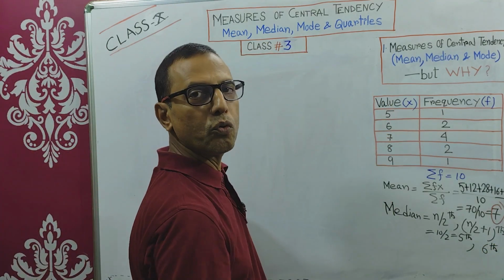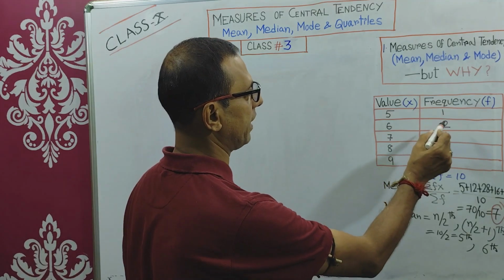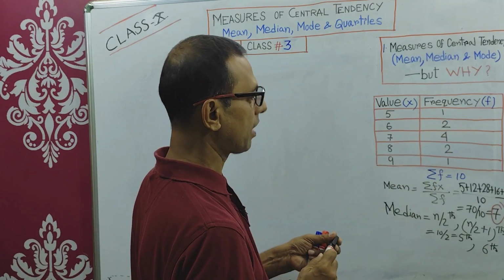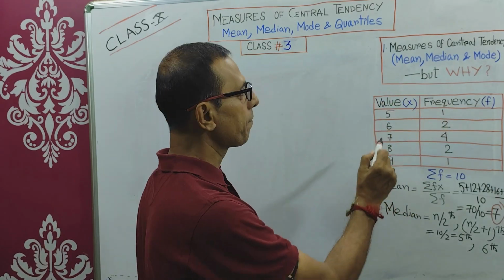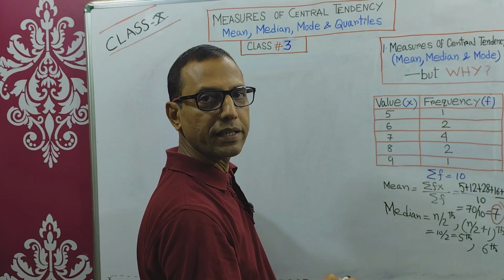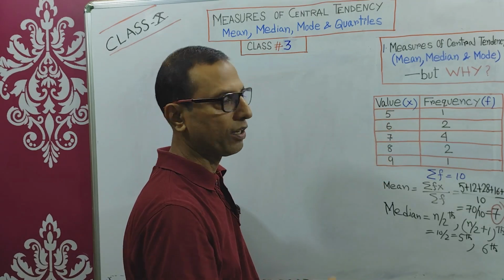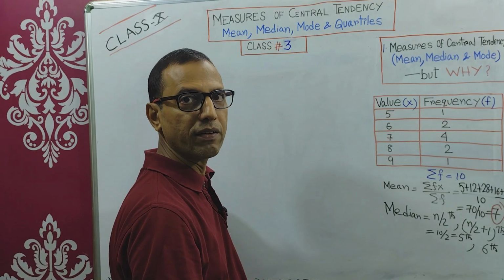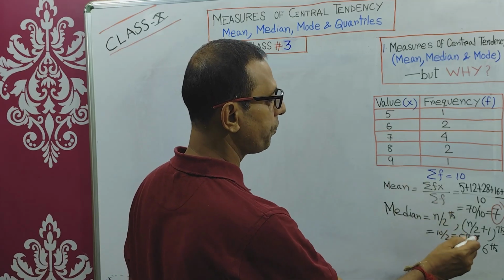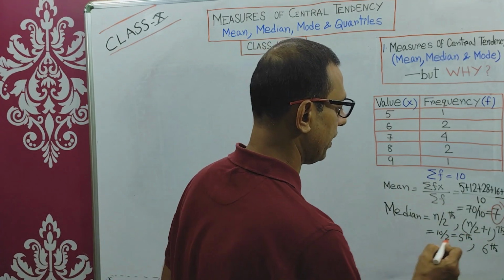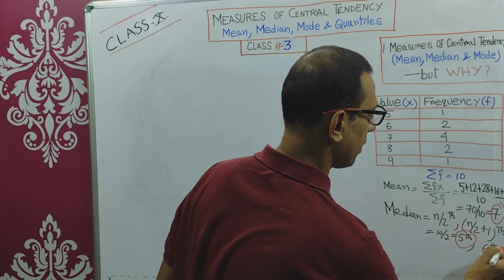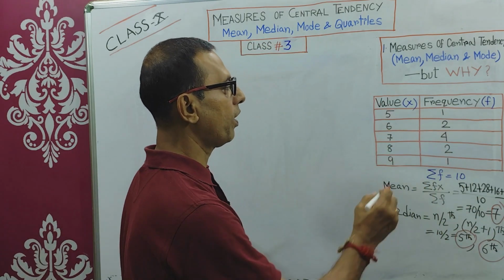So there are two medians, right? In the median you arrange all the data in ascending or descending order. Here I have arranged these numbers in ascending order. Now the 5th and 6th are the positions for the median data. So what is the 5th?